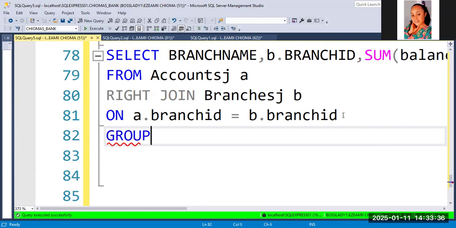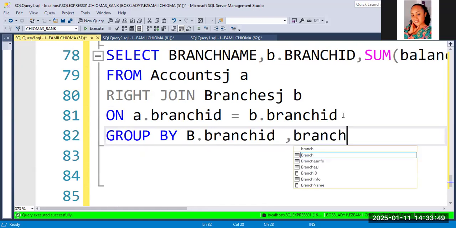Group by B dot branch ID. Whenever there's aggregation, you might have to put everything here in the group by, okay? Branch name.